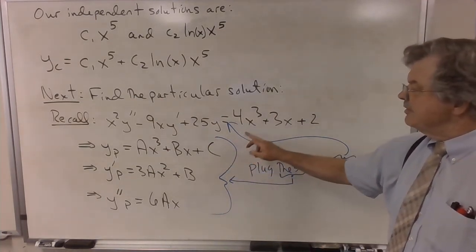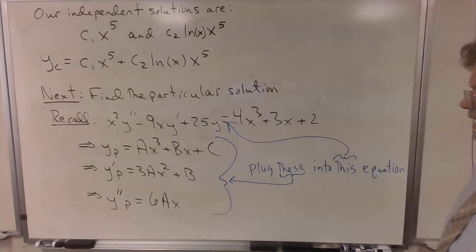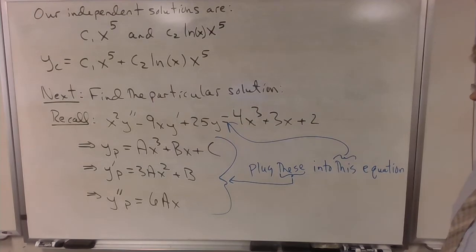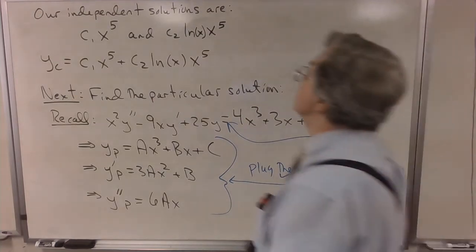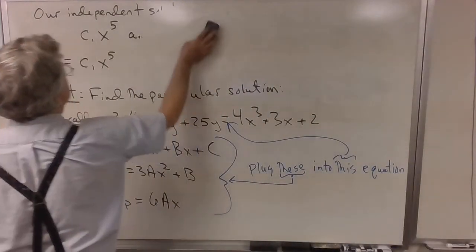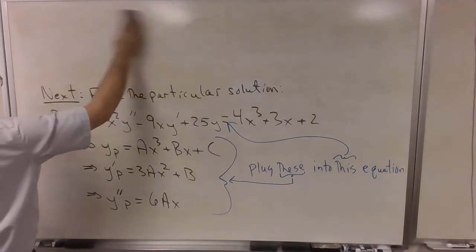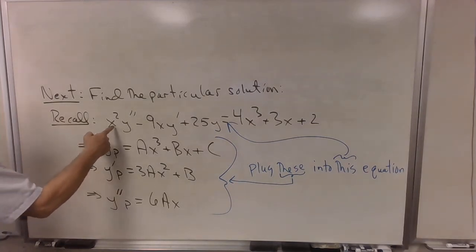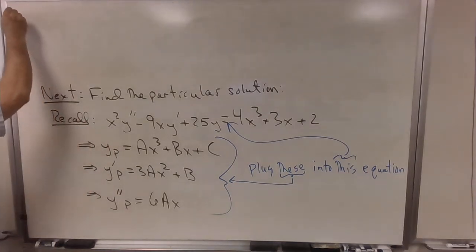We're going to take these and plug them into the original equation and solve for the constants a, b, and c. So let's see, we have x squared y double prime.